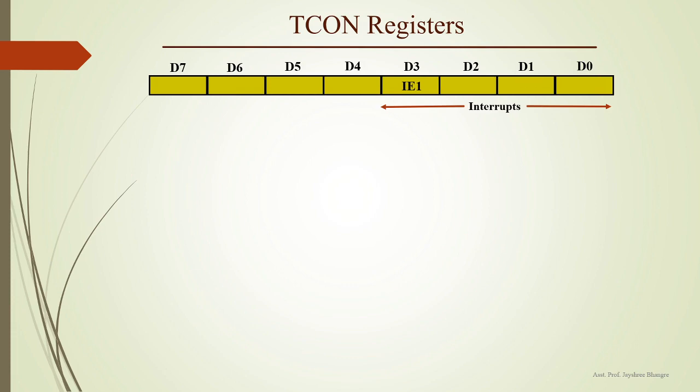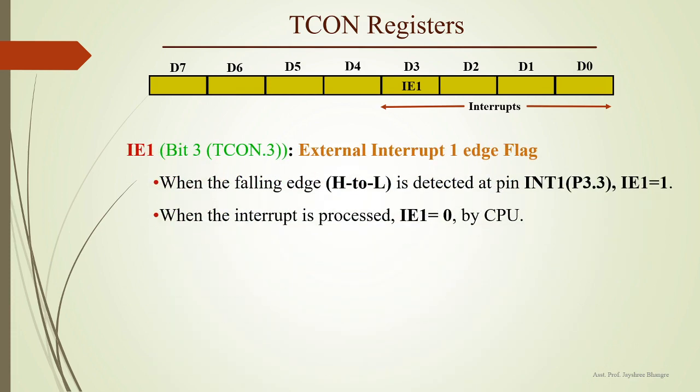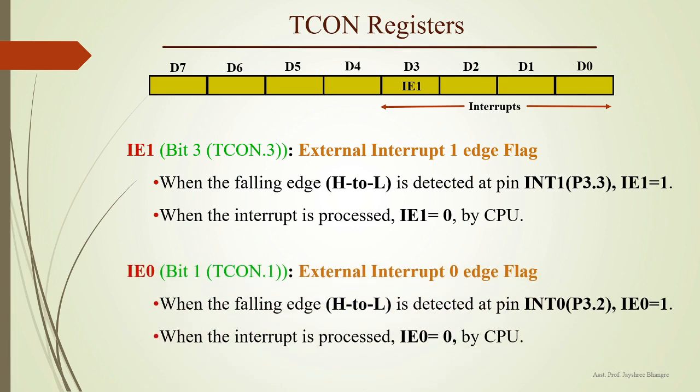Next are the interrupt bits, that is IE1. This is the external interrupt 1 edge flag. These bits IE0 and IE1 indicate whether an external interrupt is activated or not. When a falling edge, that is high to low, is detected at pin INT1, then this bit IE1 becomes 1, and when that interrupt is processed, it is automatically cleared by the CPU.